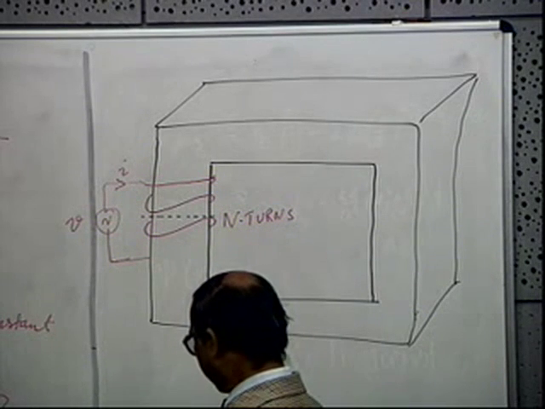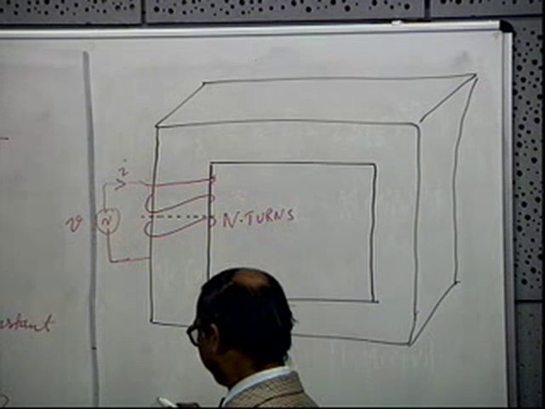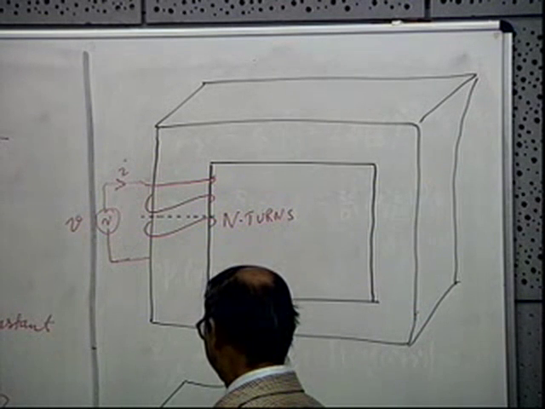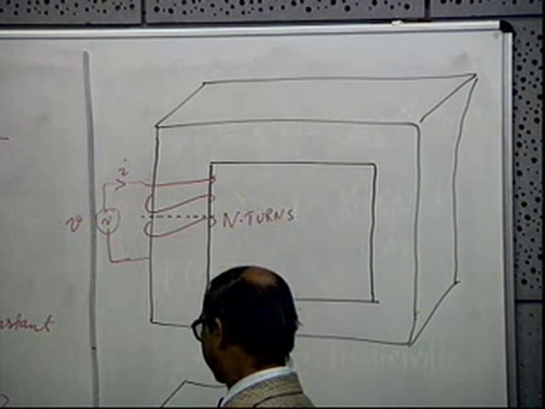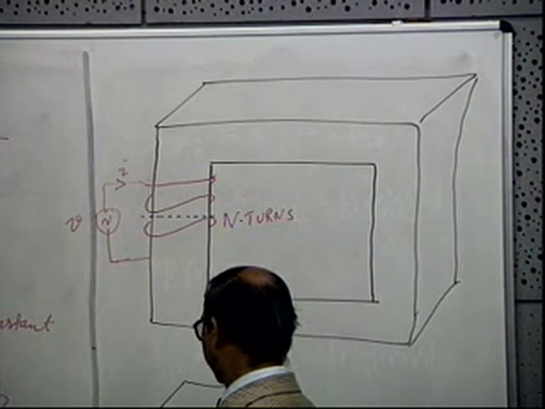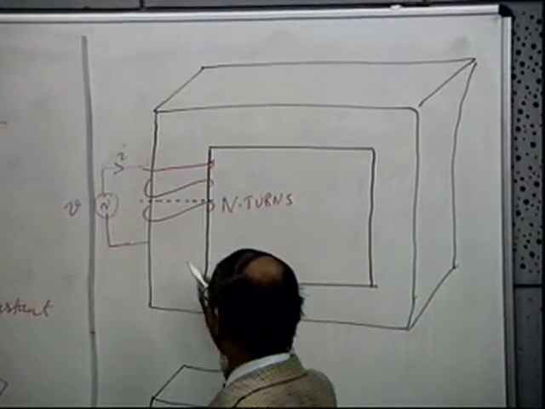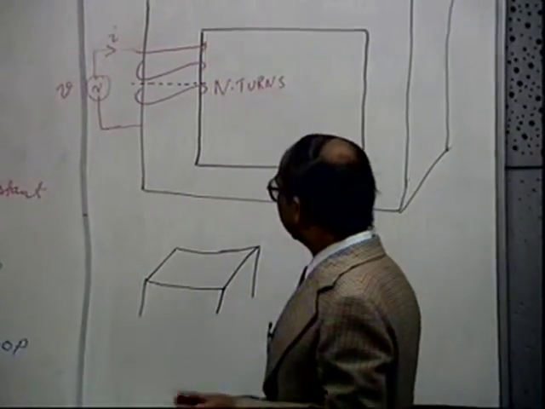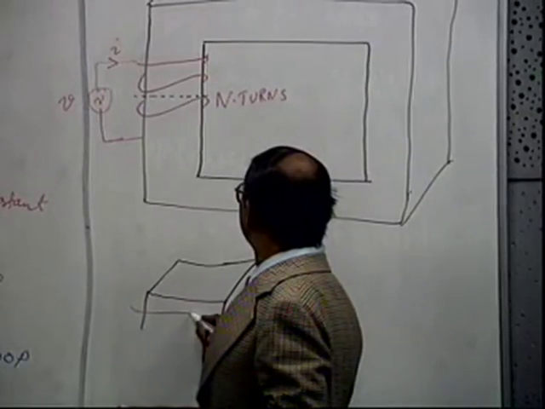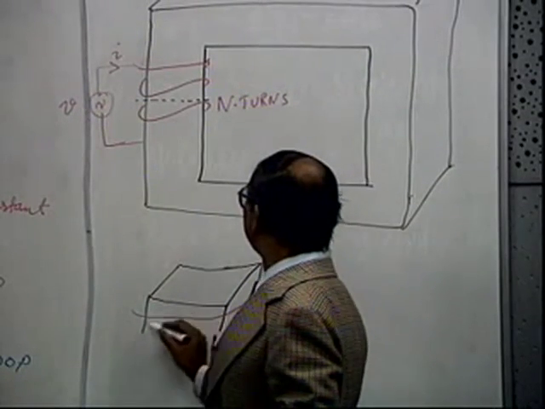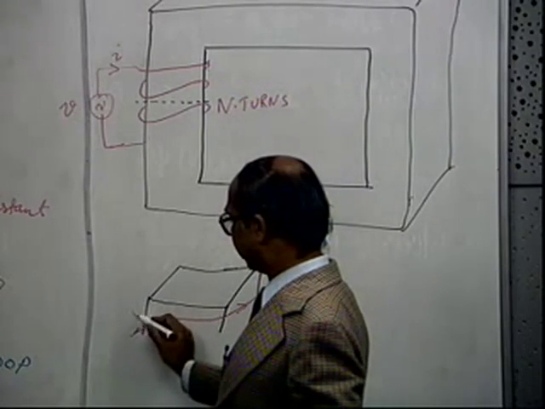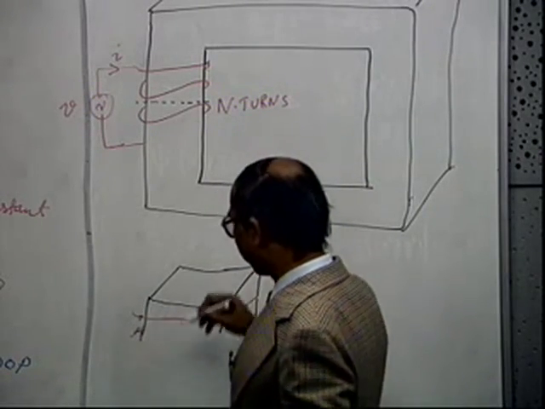So what we are actually seeing is some type of a cross section of the same thing. I just took a small block of this, in which it's going like this and maybe coming out like this. And of course it goes through several turns.